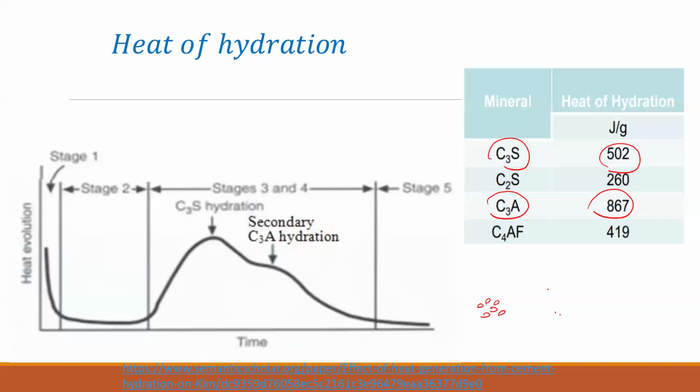So this is how the heat is generated when we add water to cement. If you have experience, you may have felt it when you add water to cement. It is an exothermic reaction. It produces heat. You should have felt it if you have done concrete mixing.